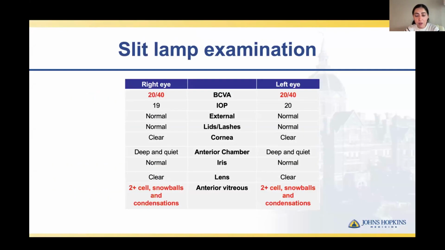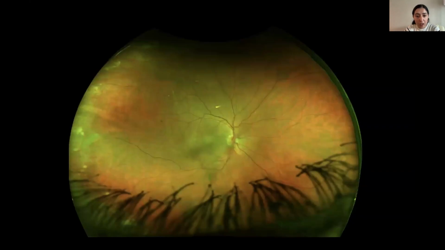Upon examination of note, her best corrected visual acuity was 20/40 in both eyes, and the only other relevant findings were the presence of 2+ cells and snowballs in the vitreous, as well as plenty of vitreous condensations in both eyes.